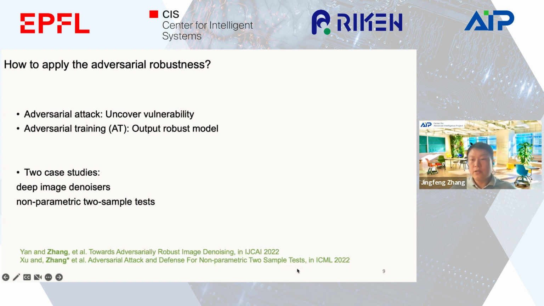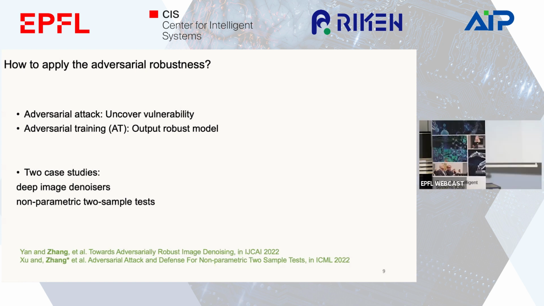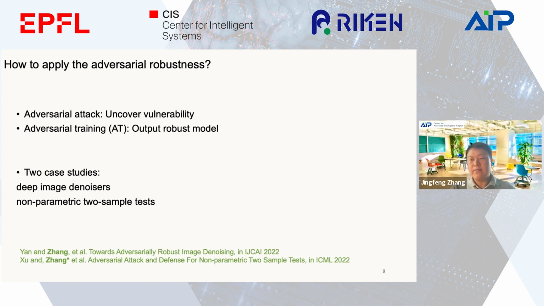Therefore, I will show two case studies using the attack to evaluate the vulnerabilities and using adversarial training to enhance the adversarial robustness. I'm going to give two examples: deep image denoiser and non-parametric two-sample test.